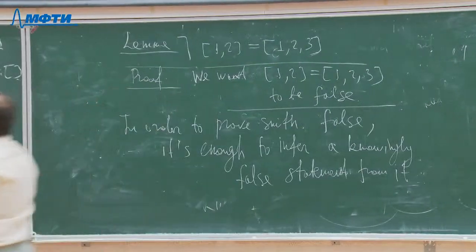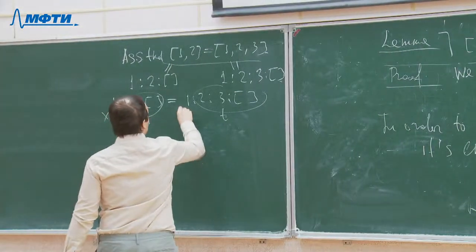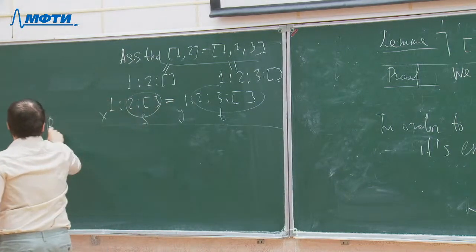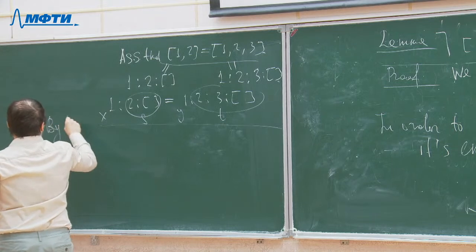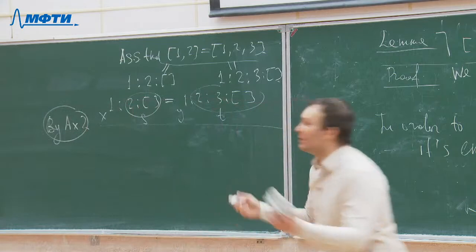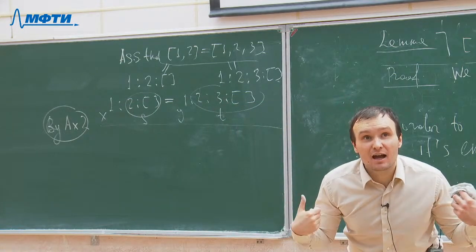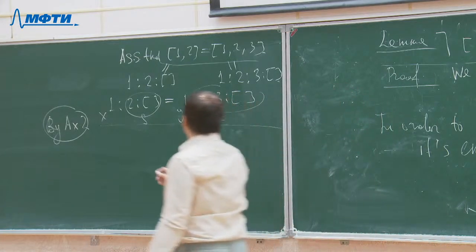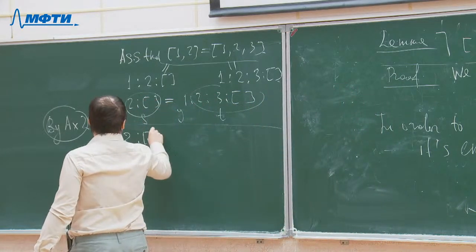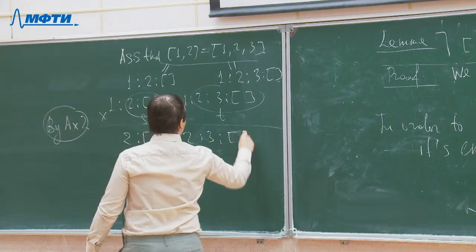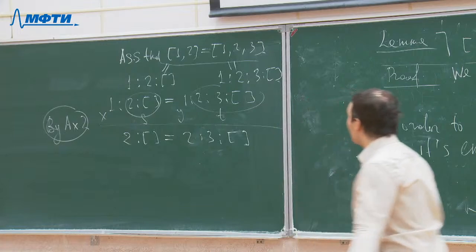But if these two strings are equal, that means by axiom 2 that their tails have to be equal. So then their tails have to be equal. Okay.